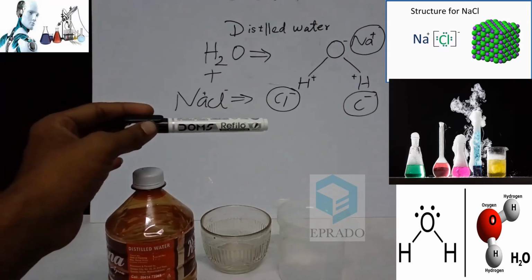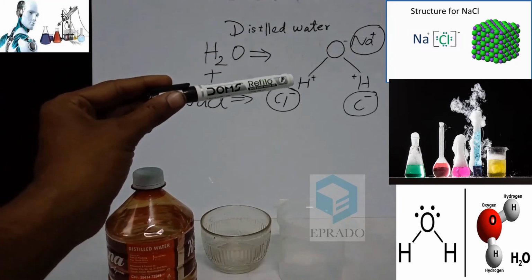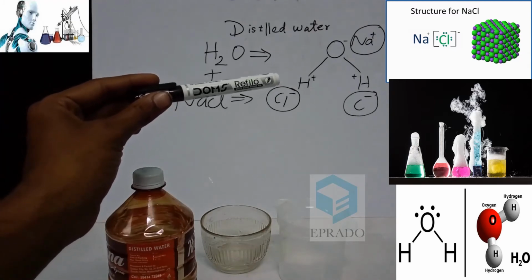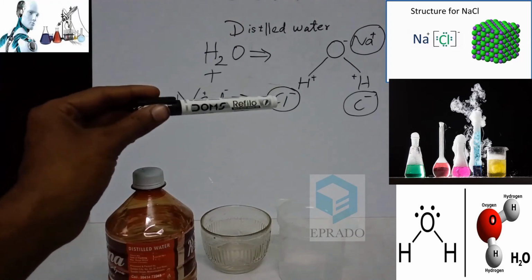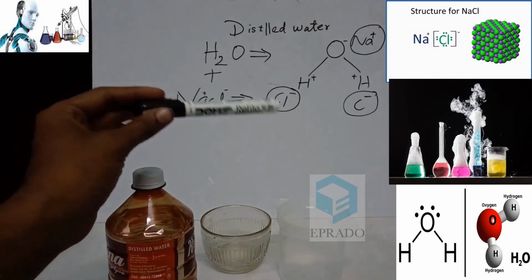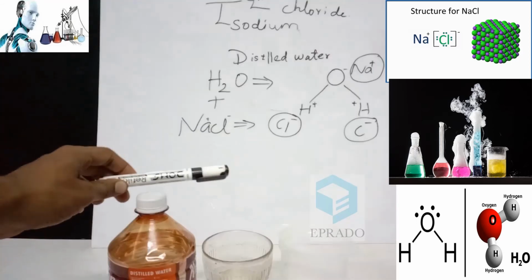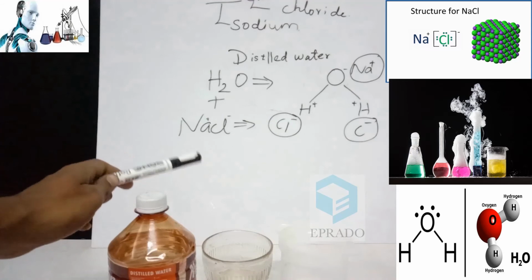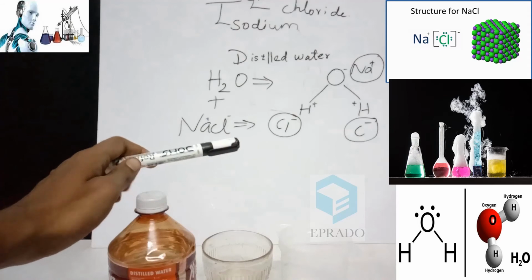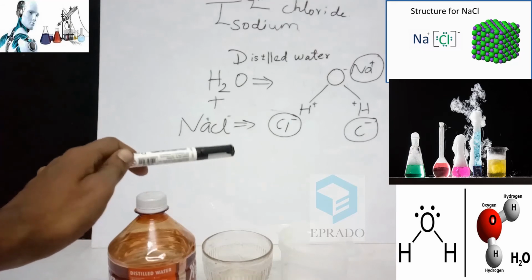So the atoms of hydrogen and oxygen can attract only a few sodium and chloride atoms. But if the amount of sodium and chloride atoms is more, then what will happen? Some of the sodium chloride molecules will remain unseparated and hence there will be some salt in the solution.